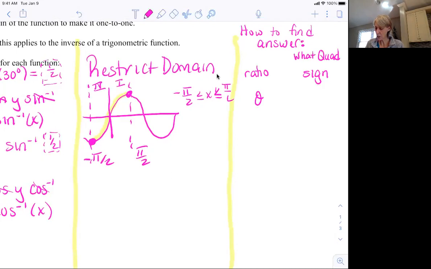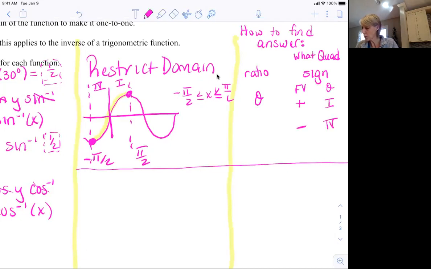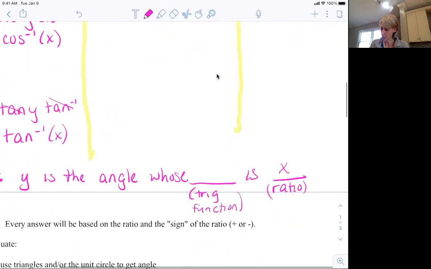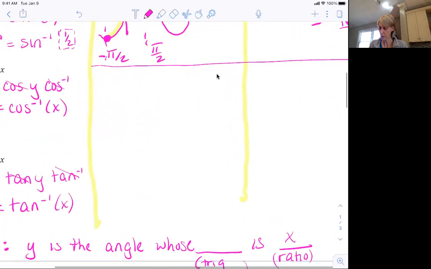For the sine function, if the function value is positive, theta is going to be in quadrant 1. And if the function value is negative, we're going to use the fourth quadrant value of that angle.